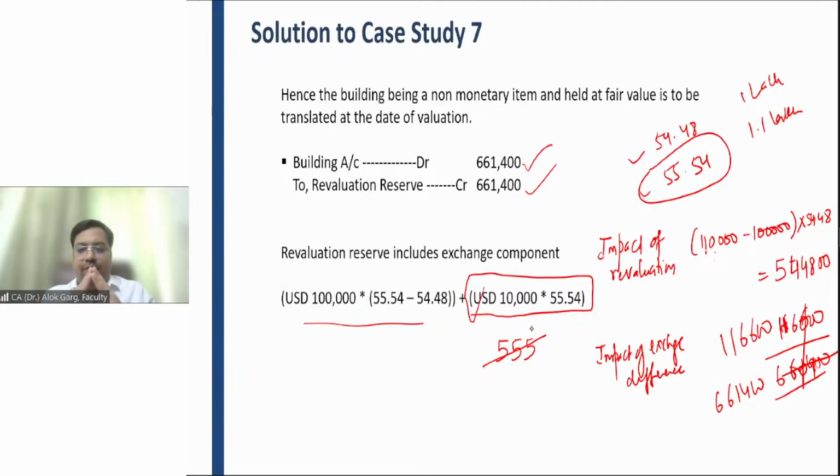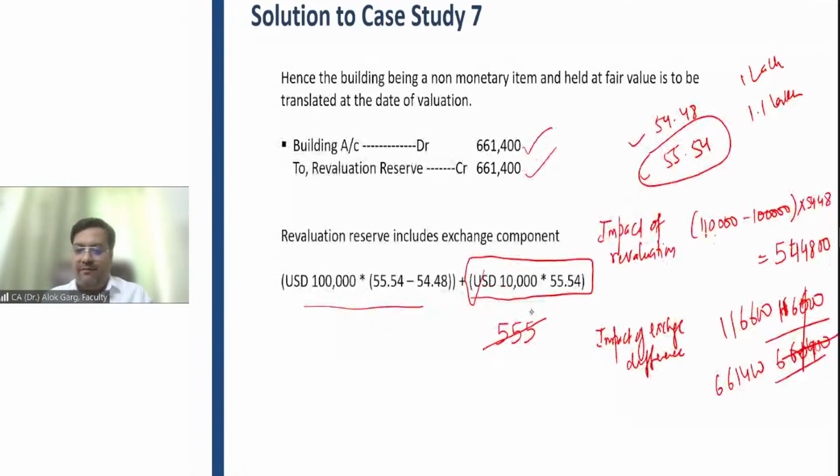So friends, first of all, if a non-monetary item has to be measured at fair value, you have to compute that non-monetary item on the basis of the exchange rate on the date of fair valuation, right?